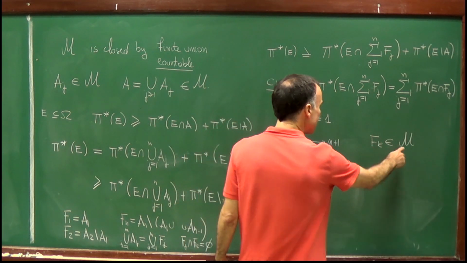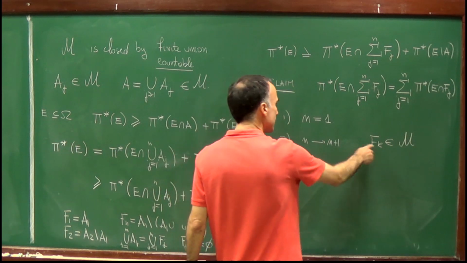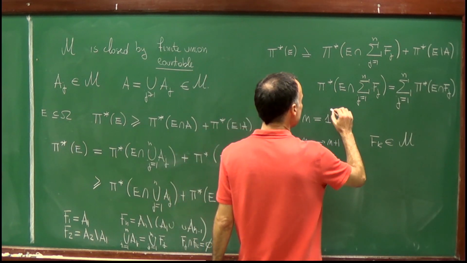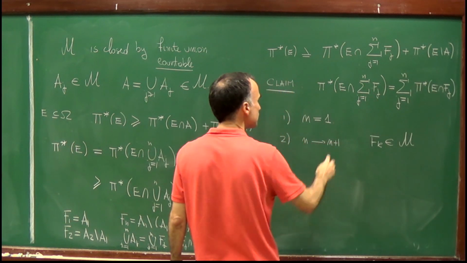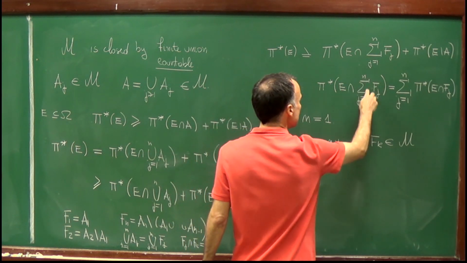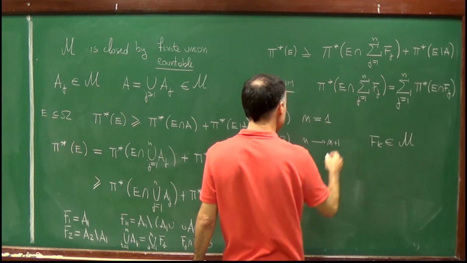So, since Fk belongs to M, let's use k equal to n plus 1, and let's use as test set the set E intersection the union from 1 to n plus 1 of Fj.